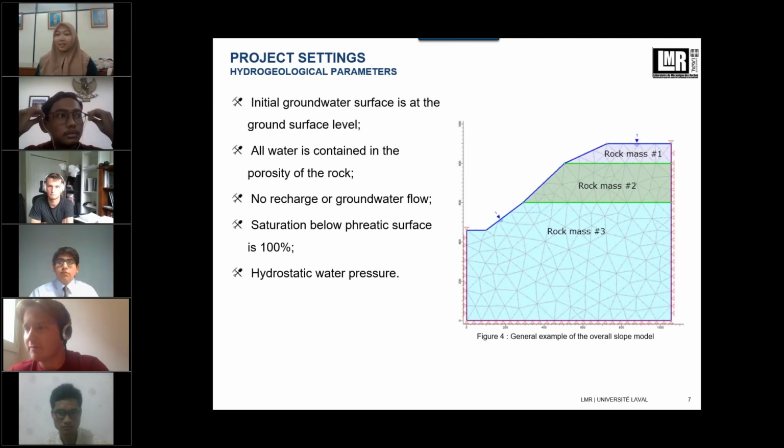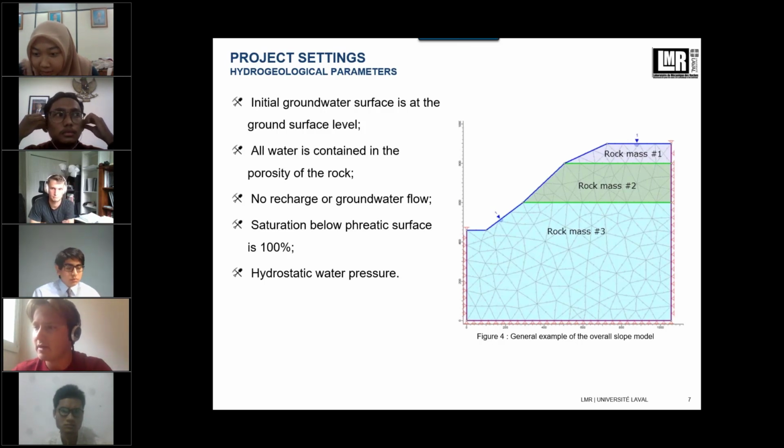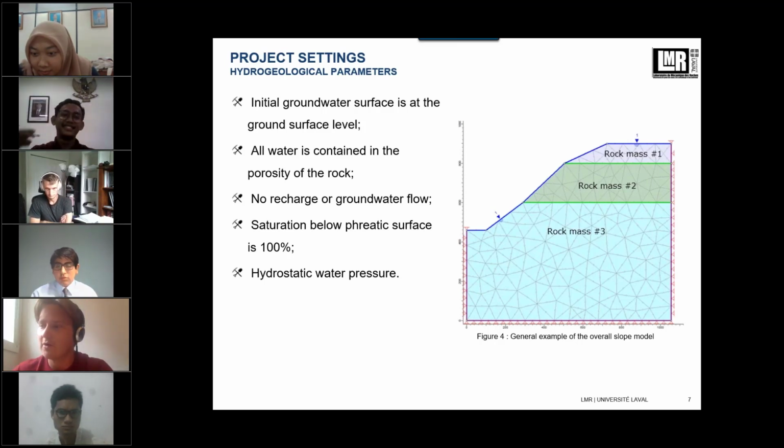About the hydrogeological parameters, most of the information was also given by the ARMA design team. The initial groundwater level is at the surface, and there is no recharge nor groundwater flow. All the water is contained in the porosity of the rock, and the saturation below the phreatic surface is at 100%. The water pressure below the phreatic surface is considered hydrostatic, which means that the water pressure increases as the depth also increases.